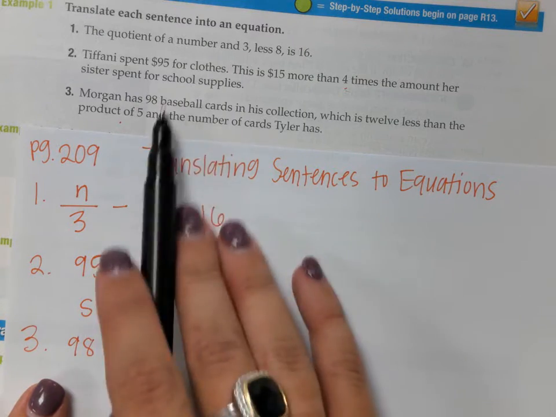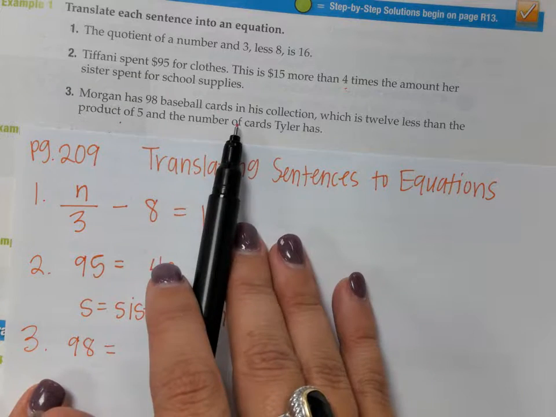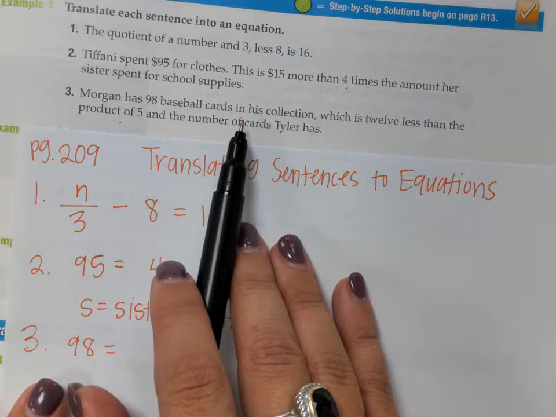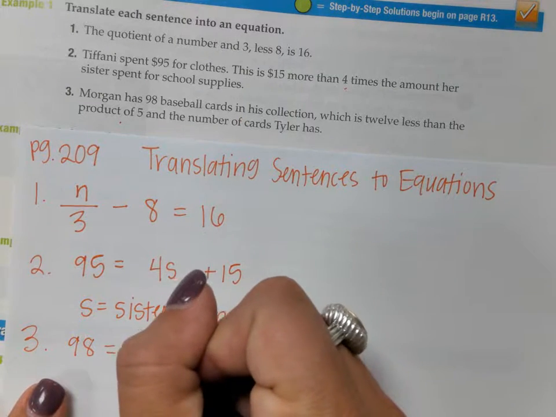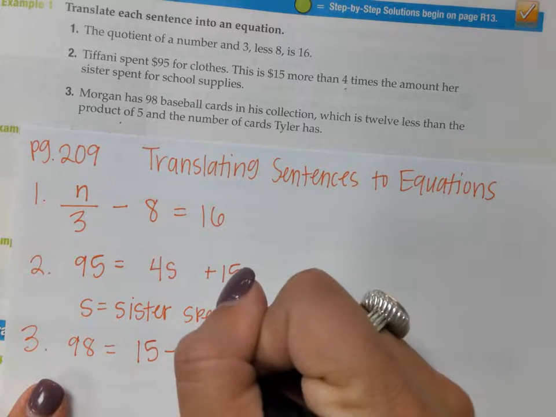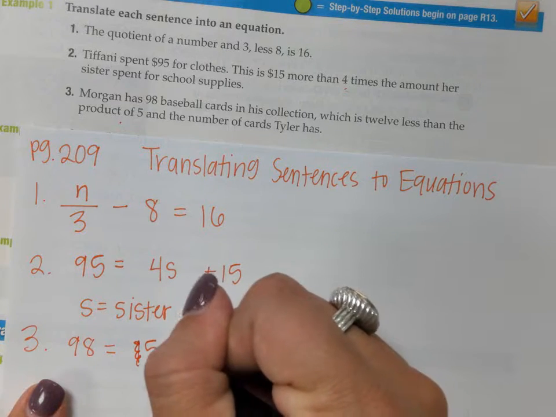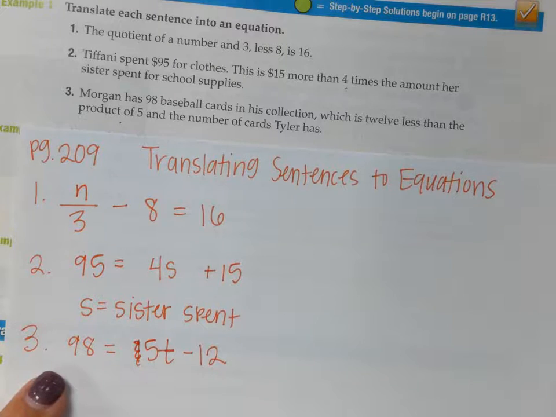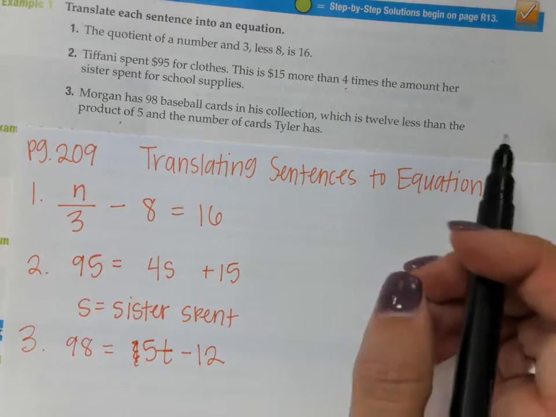We already said that number is going to be T. So it's going to be 12 less than the product of 5 and T. So how do I write the product of 5 and T, Nathan? 5T. And then it's going to be minus 12 because it says less than. Oh, wait. Hold on. So it's 5T minus 12. That less than tells me I'm flipping it around.